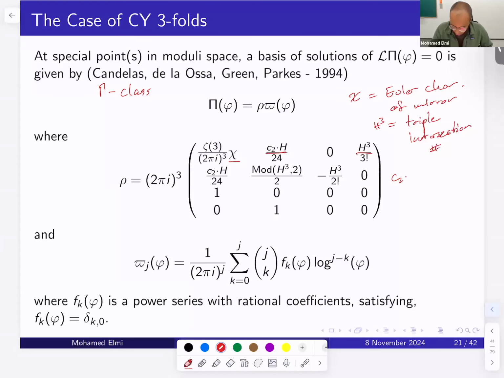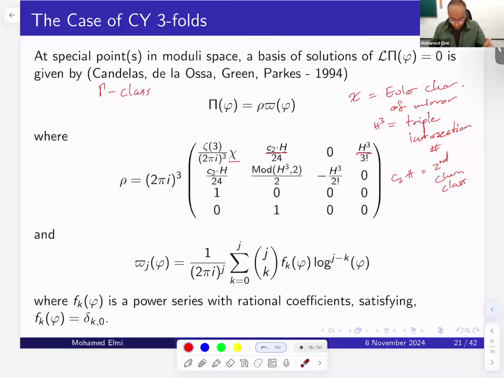And there's the second Chern class. If you have this topological data, you can fix the diffeomorphism class of your Calabi-Yau, or rather of the mirror, and these same numbers also fix this nice integral symplectic basis for you.